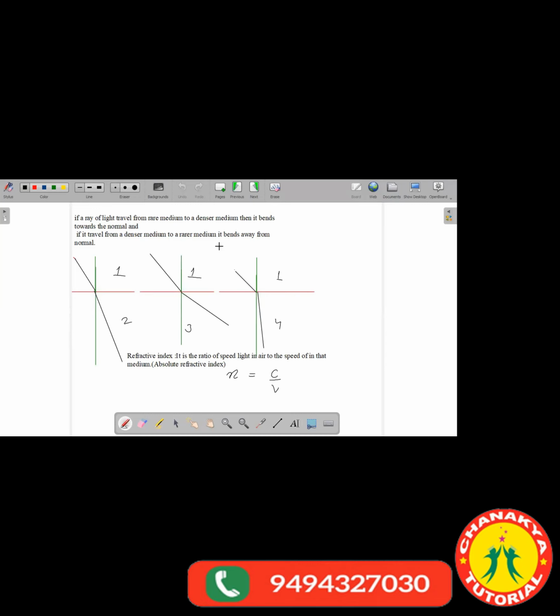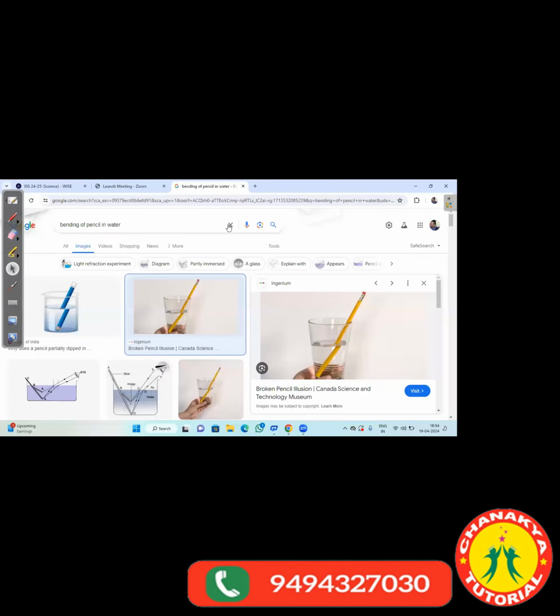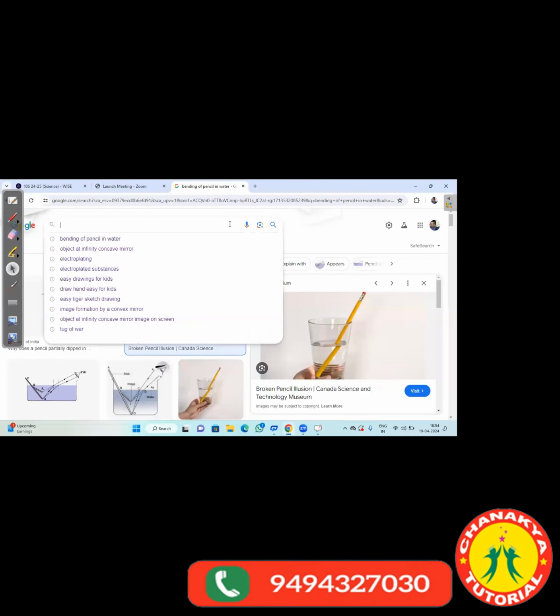I'll give you the refractive index of certain materials, and then we'll do some questions based on it.